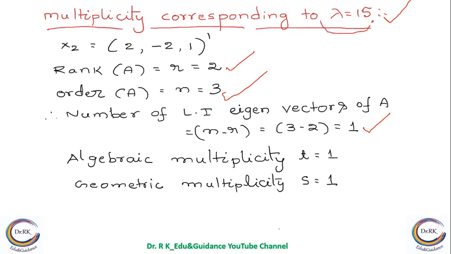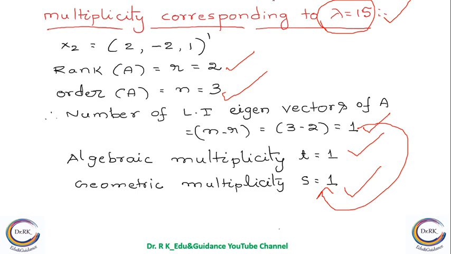The degree of this eigenvalue is also 1, therefore algebraic multiplicity is 1. Similarly, geometric multiplicity is nothing but the number of linearly independent eigenvectors corresponding to this eigenvalue.